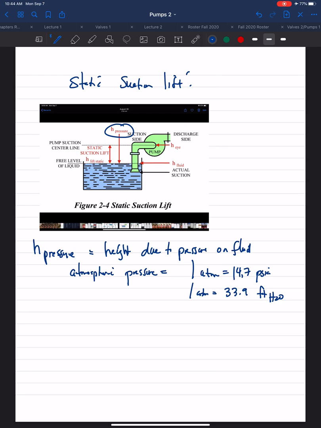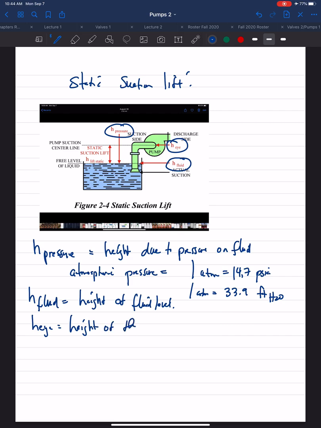Another term here, H fluid, this is the height of fluid level. This term H sub I is the height of the eye of the pump, the eye being the pump center line.